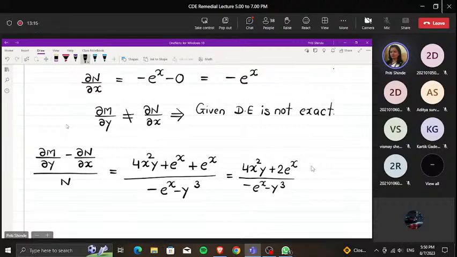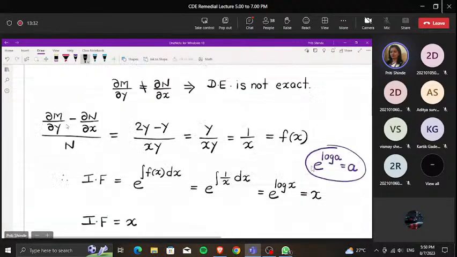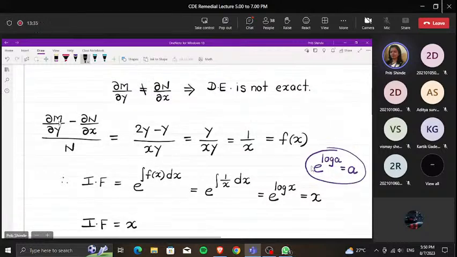So after simplifying this term, del m by del y minus del n by del x upon n, here you can see a combination of x and y. So this is not only a function of x. Compare with the previous example. In the previous example, after simplifying del m by del y minus del n by del x upon n, we got a function of x only.